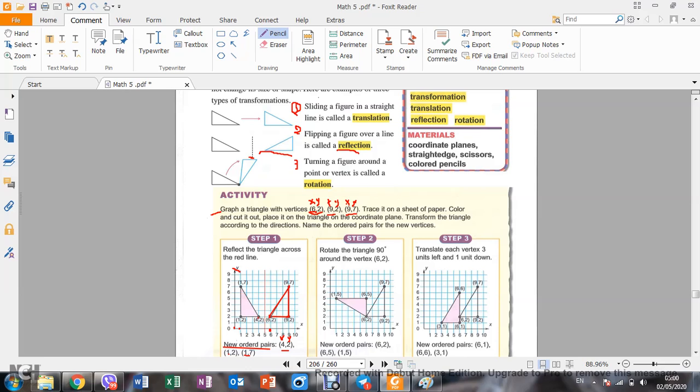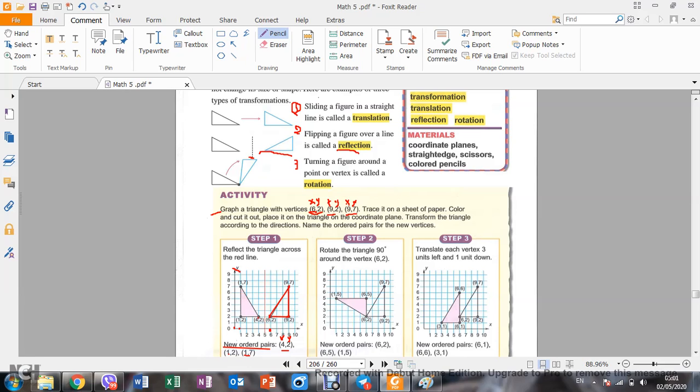So the second one is rotating the triangle 90 degrees around the vertex, okay, meaning turning. Every time we use a 90-degree rotation, it means turning.